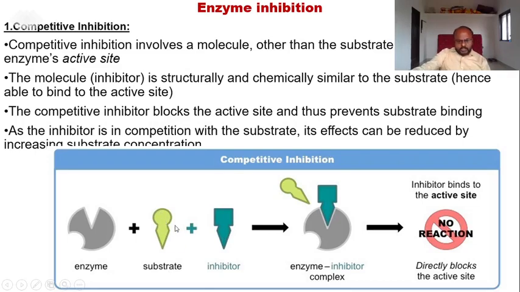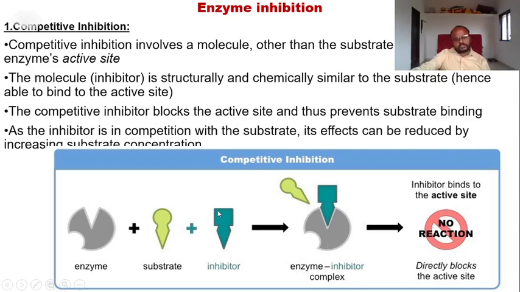Actually this substrate is identical to the active site of the enzyme, and this other substrate is partially identical to the active site of the enzyme. But this other substrate competes with the first substrate, and then the second substrate fits into the active site of the enzyme, and then it blocks the reaction.